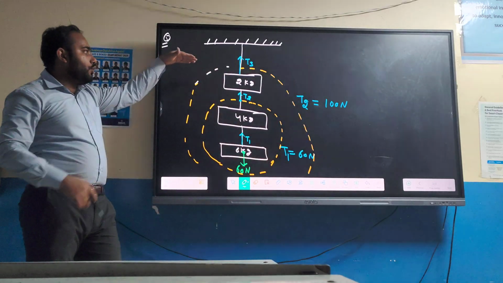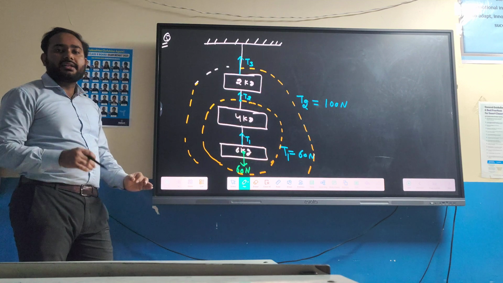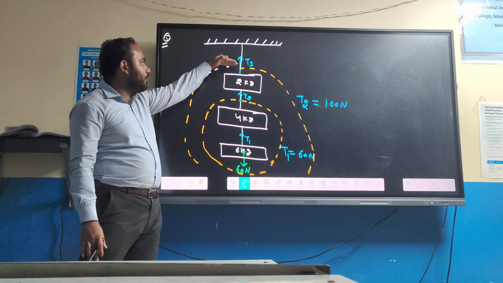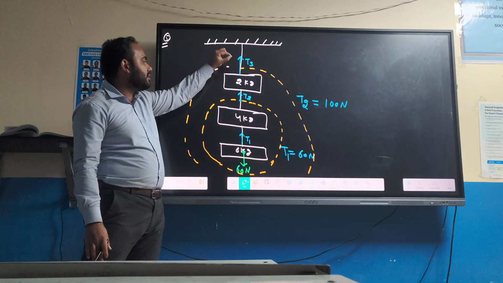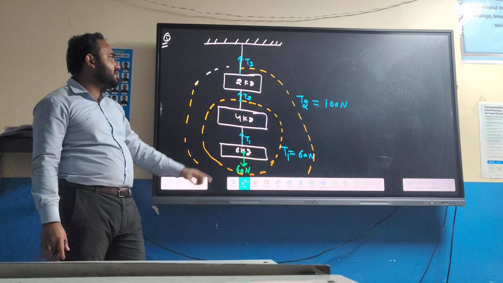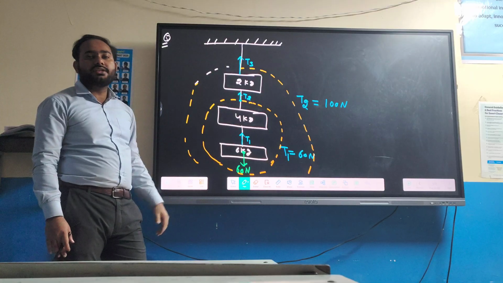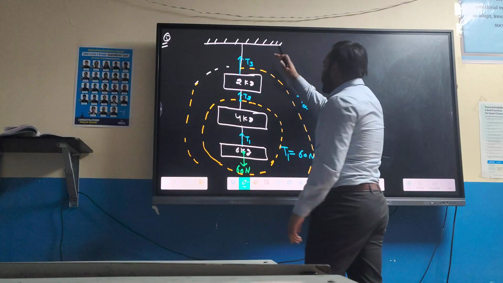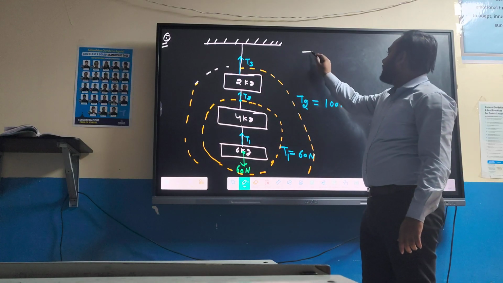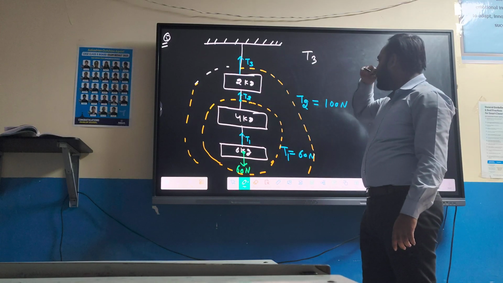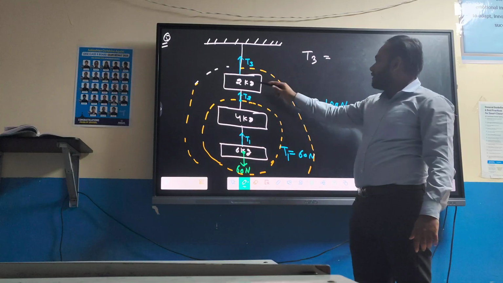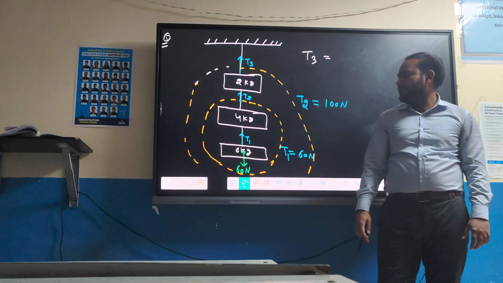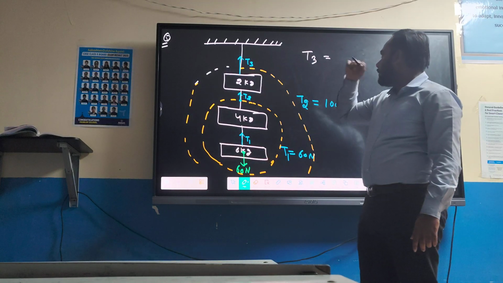If I consider all three as part of one system, I can simply apply an equation. For this system, the only tension force acting is T3, and there will be a gravitational force acting in the downward direction. If the complete system is in equilibrium, the value of T3 will be equal to the total mass of the system, 2 kg plus 4 kg plus 6 kg. That will be 6, 4, 10, and 2, 12.